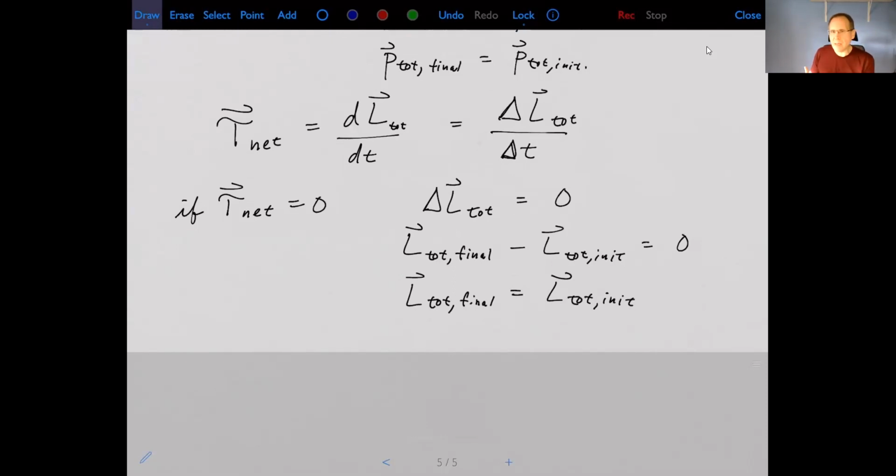Okay, so it's the same type of reasoning that we use for the linear momentum, except now we're talking about rotations. So instead of a net force, we have a net torque. And if the net torque is 0, then angular momentum is conserved. The final angular momentum equals the initial angular momentum. And again, since this is a vector equation, this is true for each of its components.